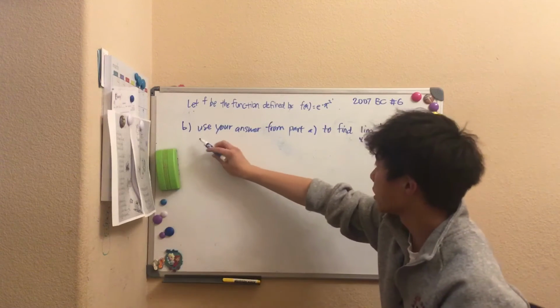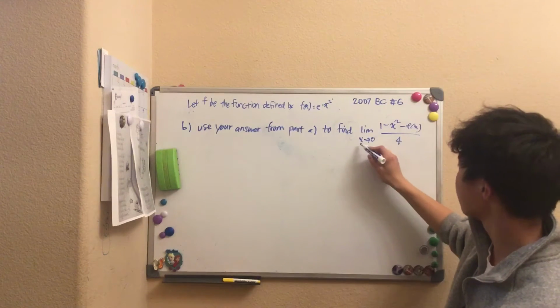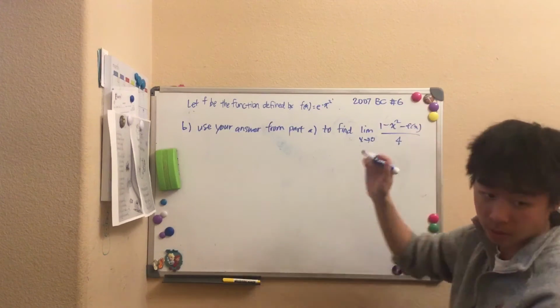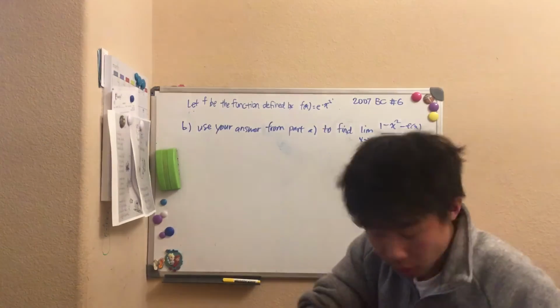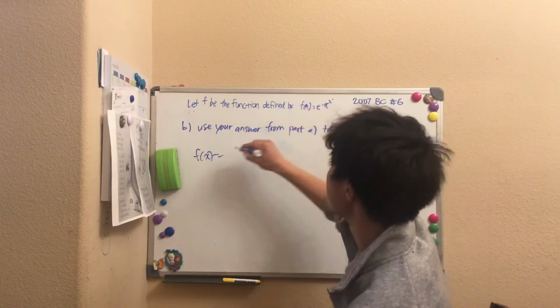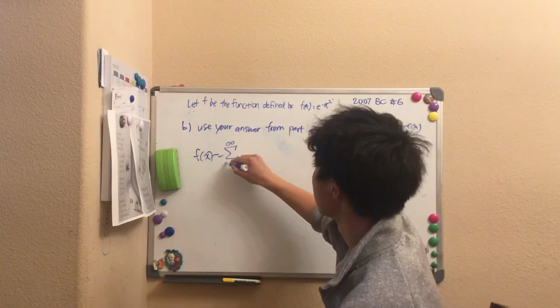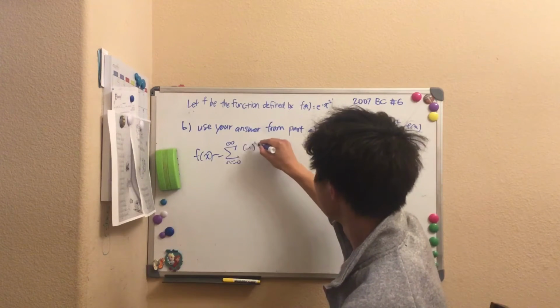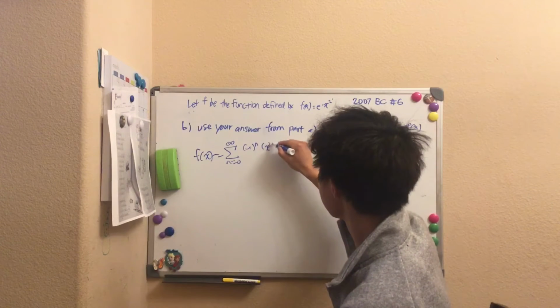So part B states, use your answer from part A to find the limit as x goes to 0 of this value. So if we recall correctly, f of x equals that, but we solved for the general term, which is this.